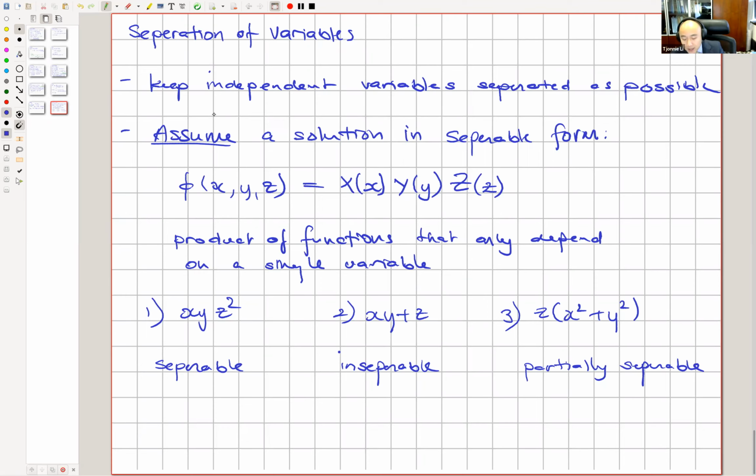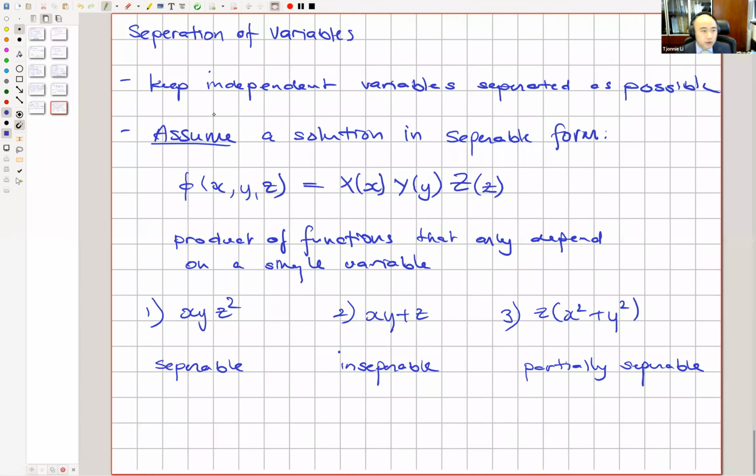All that we're saying is that there's a function x that does not depend on y and z, there's a function y that does not depend on x and z, and there's a function z that does not depend on x and y. At this stage, there is no explicit assumption on whether these are connected.